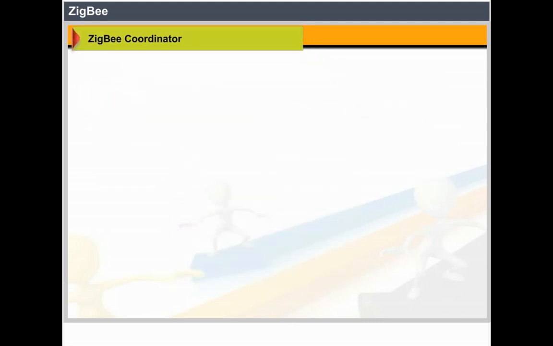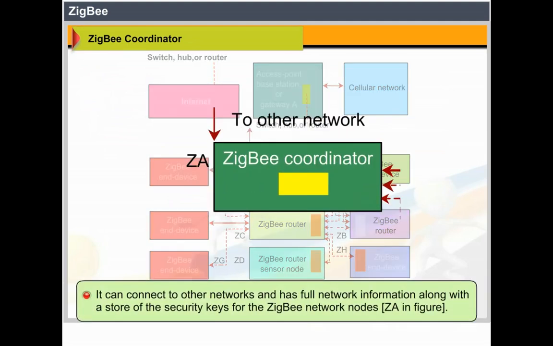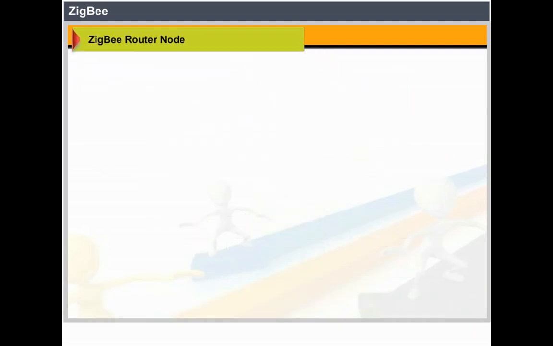ZigBee coordinator. Root node at each ZigBee network tree. It can connect to other networks and has full network information along with a store of the security keys for the ZigBee network nodes, ZA in figure. ZigBee router nodes.